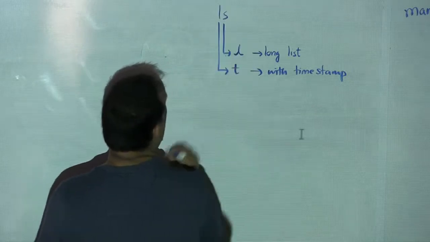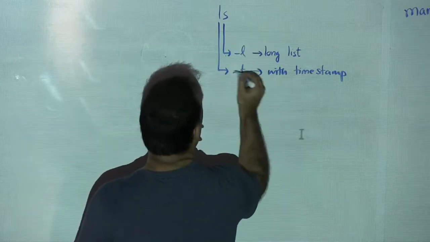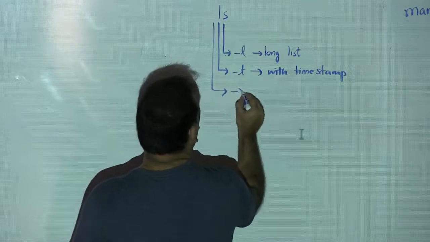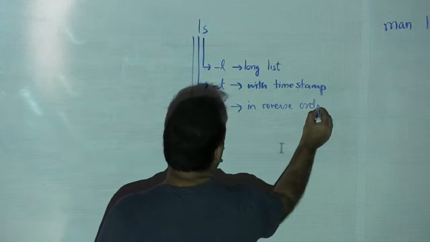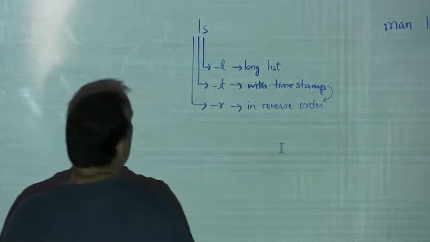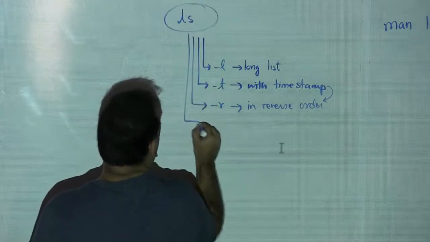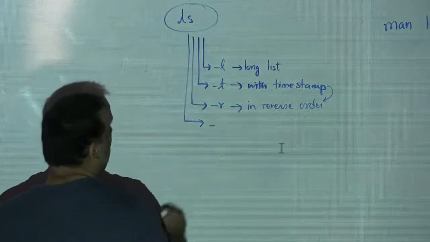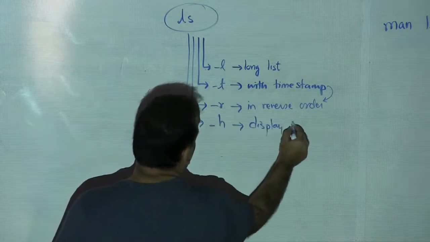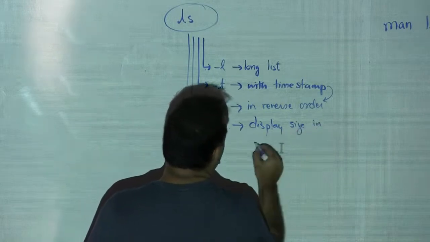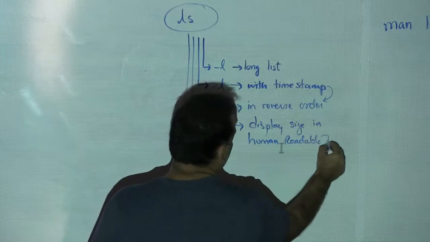If you just use -l and then -t, then -r is reverse order, so the timestamp in reverse order. Then -h means display size in human readable format.